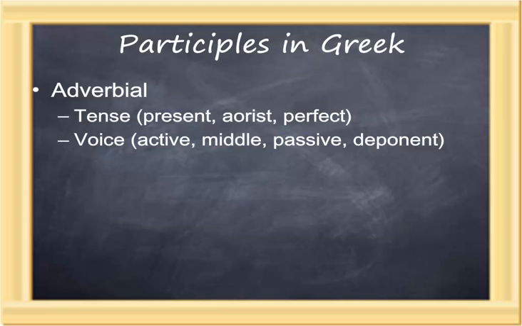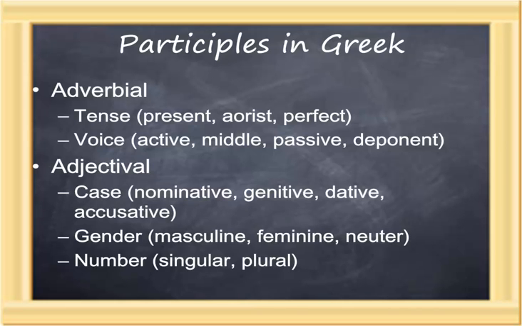Yes, just as in English, so in Greek, a participle can be adverbial. So it will have tense, present, aorist, or perfect. And it will have voice, active, middle, passive, or passive forms with active meanings, deponent. But since a participle is also adjectival, in Greek it will have a case ending.